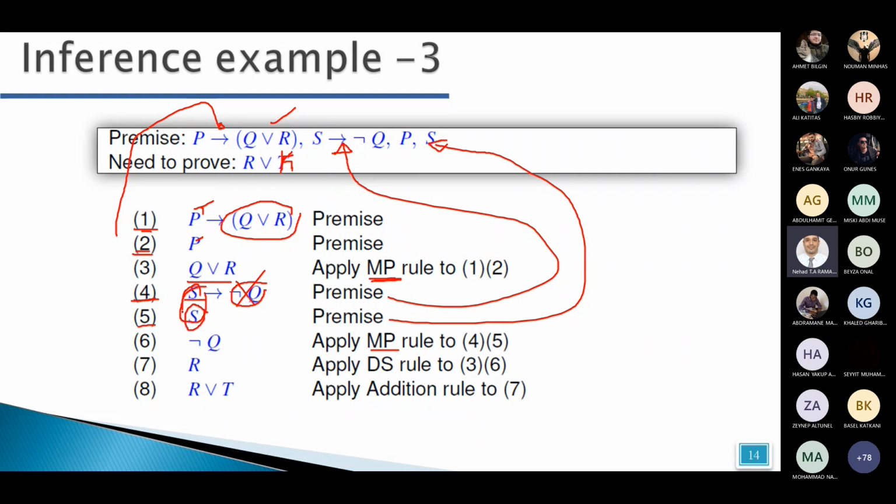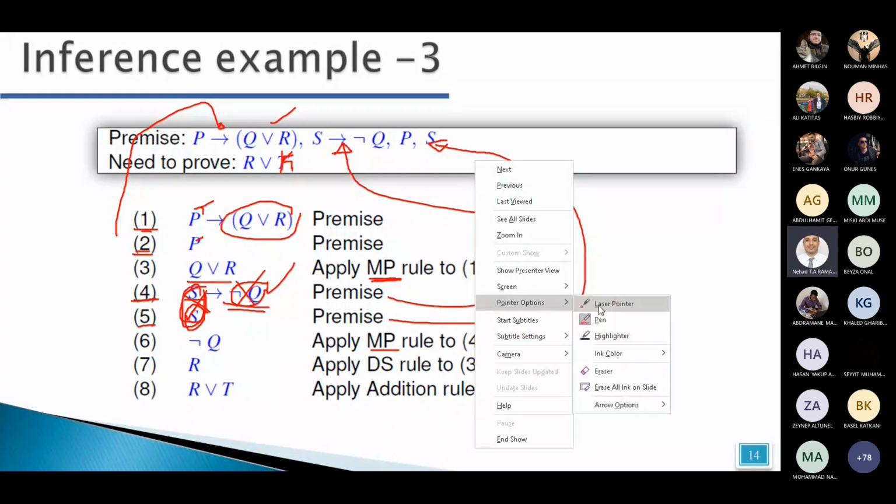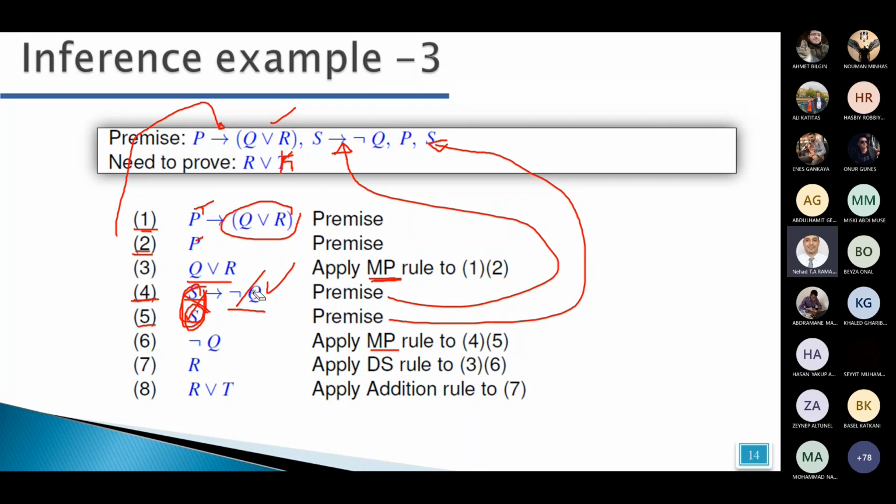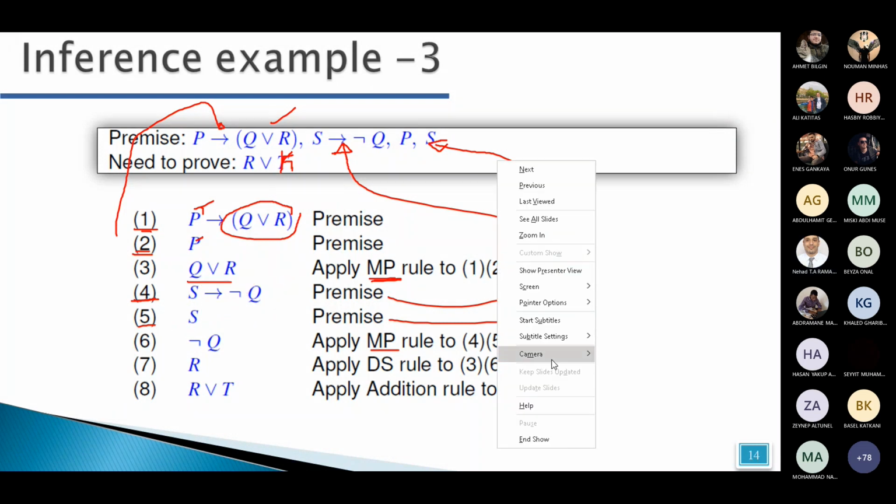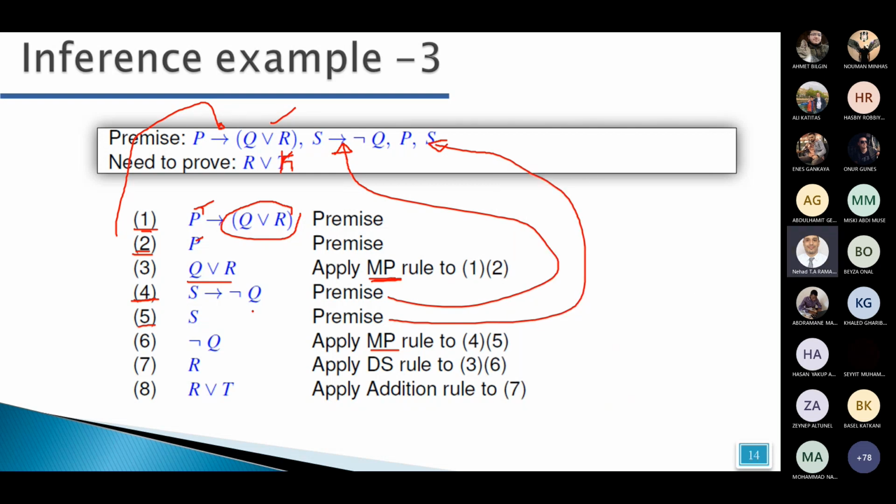So we can take S with S together, then we get this one. Okay, not Q. So from these two, we get not Q. Using what?